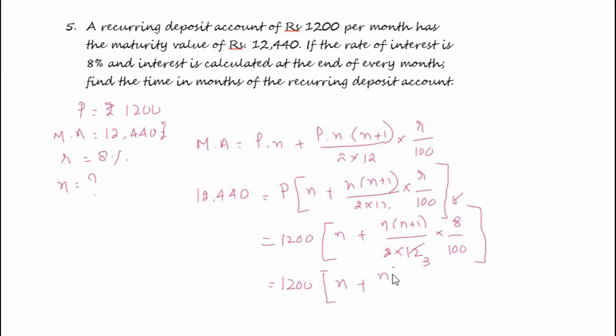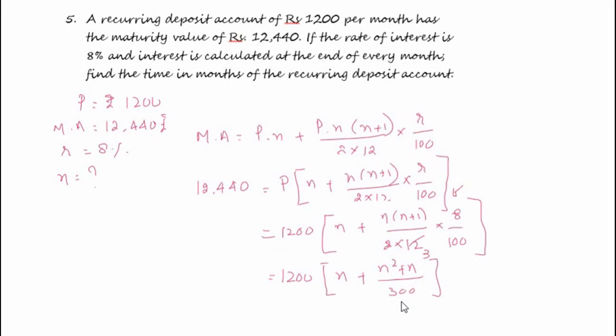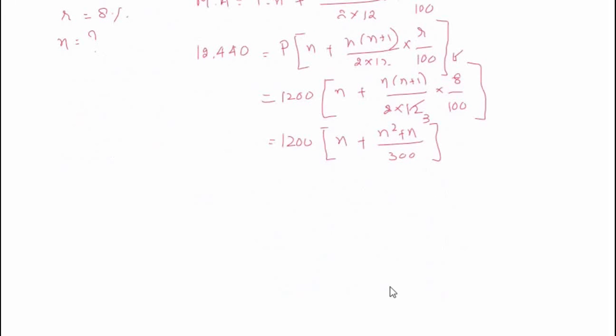This is N square plus N divided by 3 into 100, 300. 1200 into, now the LCM is 300, so it is 300 in the denominator here, 300 N plus N square plus N.